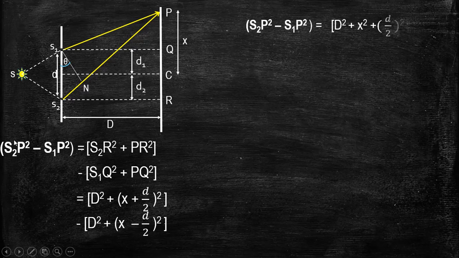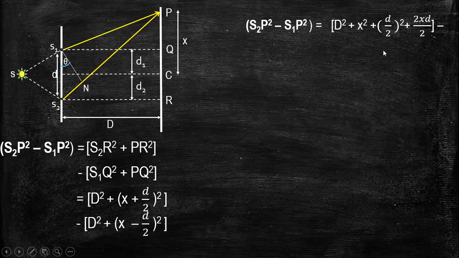So I am writing the expression S2P square minus S1P square as D square plus X square plus D by 2 whole square plus 2AB, which means 2XD by 2, minus D square plus A minus B whole square, equal to A square plus B square minus 2AB.